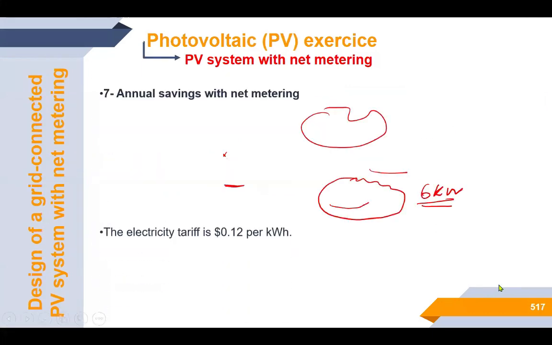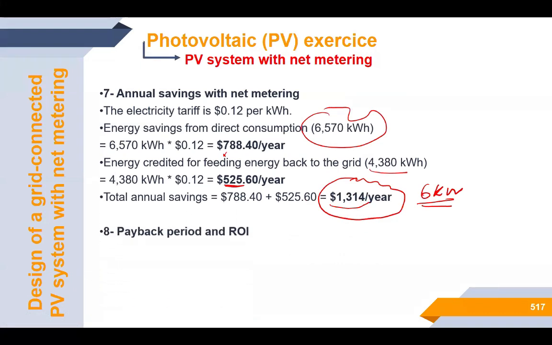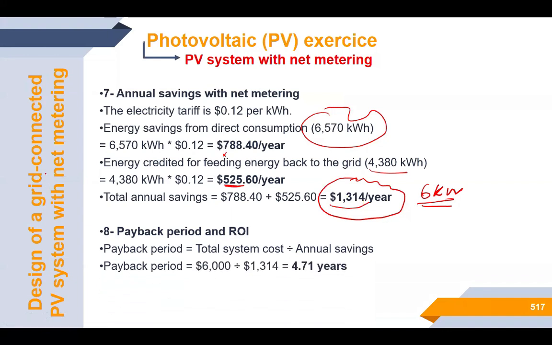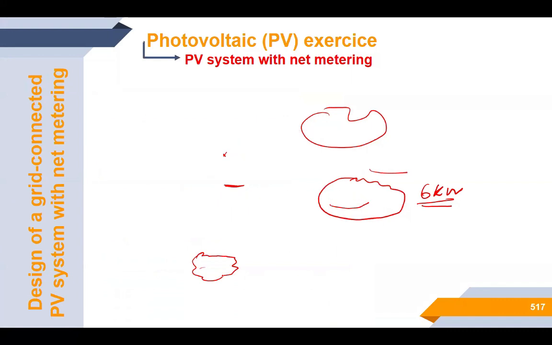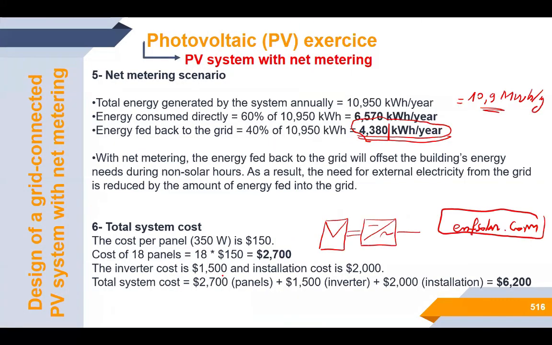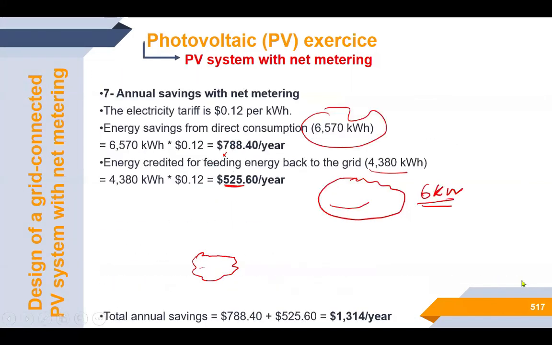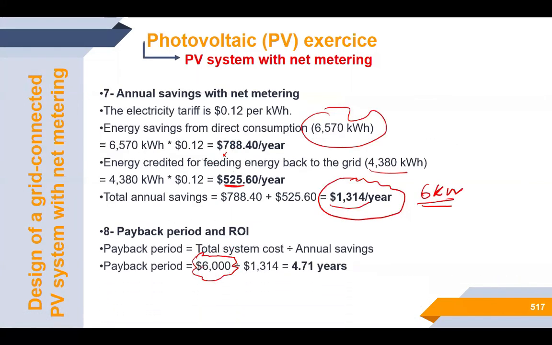The total system cost is this one, about $6,200, divided by the annual saving. Annual saving is this value. So the result will be 6,200. Okay, yes, 6,200. The 200 is missing in this calculation. You can correct this value.